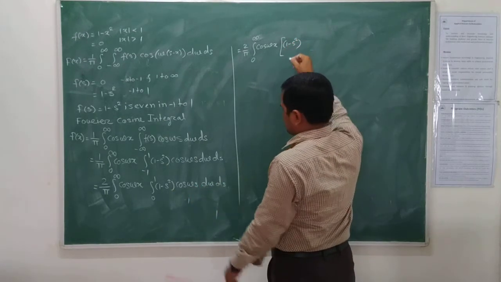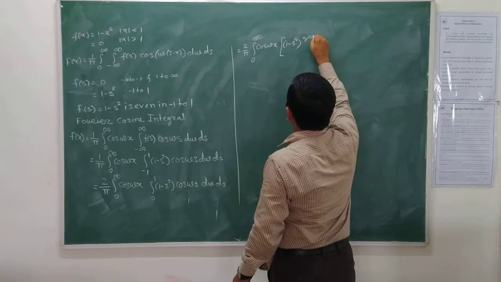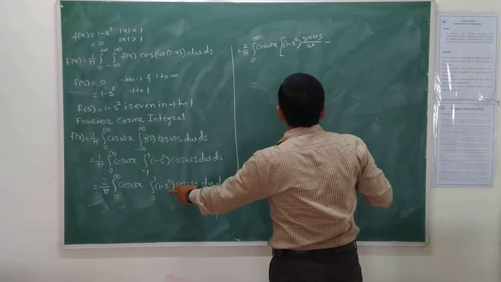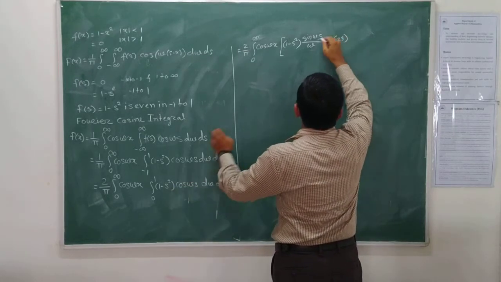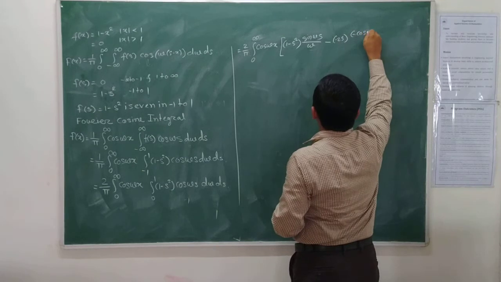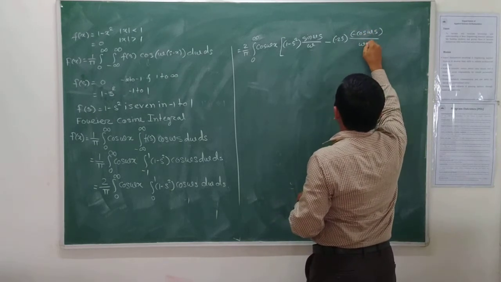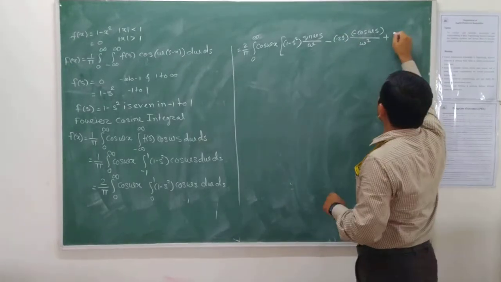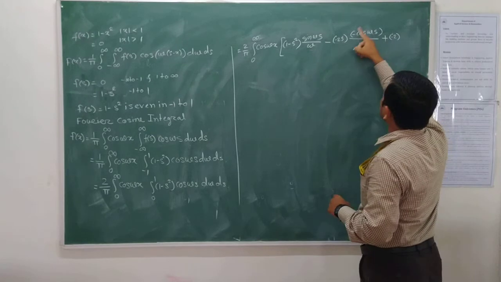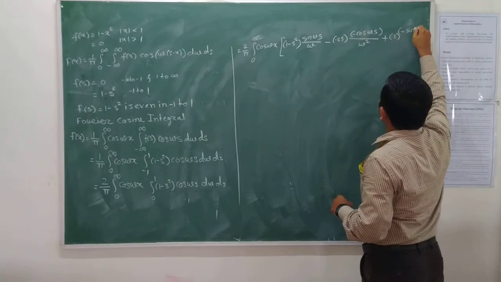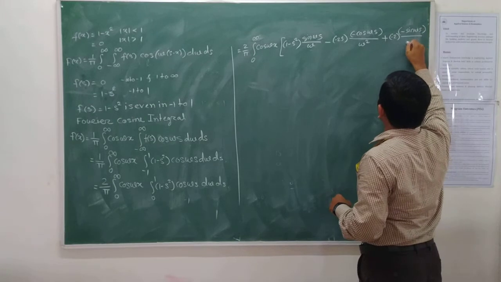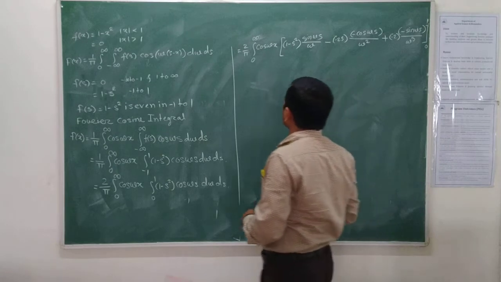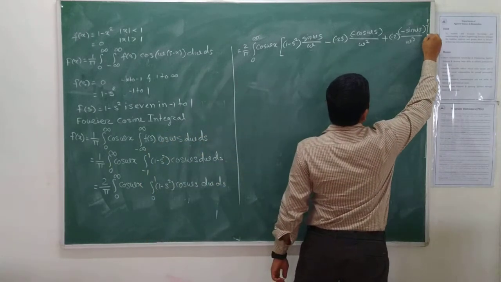So 1 minus s square into the integration of this, that is sin omega s upon omega, minus the derivative of this, which is minus 2s, into the integration of sin, which is minus cos omega s upon omega square, plus the derivative of minus 2s, which is minus 2, into the integration of this, which is minus sin omega s upon omega cube. Limits from 0 to 1, into d omega.